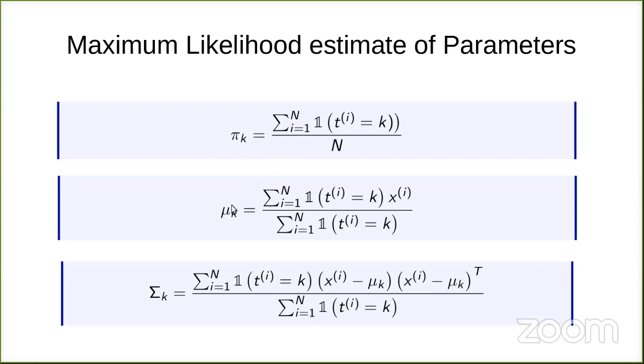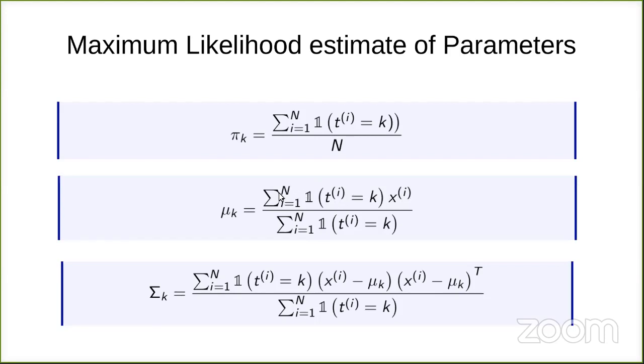Similarly, we can compute the value of mu. For mu, we will find the average of all xi's that belong to class k. How do we select the xi's that belong to class k? We multiply xi with the indicator function, and then we sum over all samples.